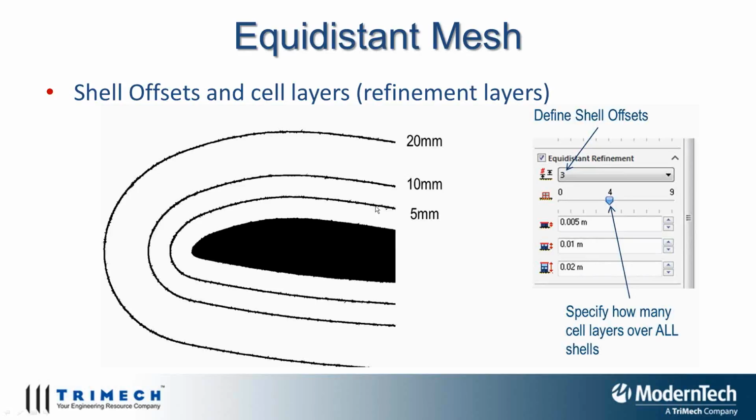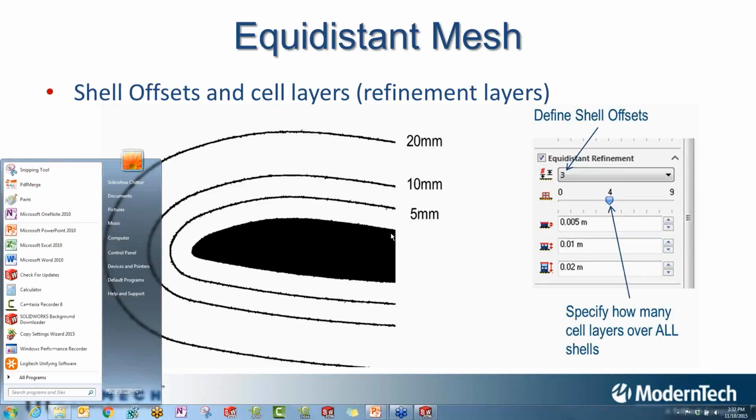The user can specify a shell offset from the surface or the volume of the geometry, and the number of refined cells or the refinement level within these shell layers. Let's go ahead and take a look at the setup real quick.